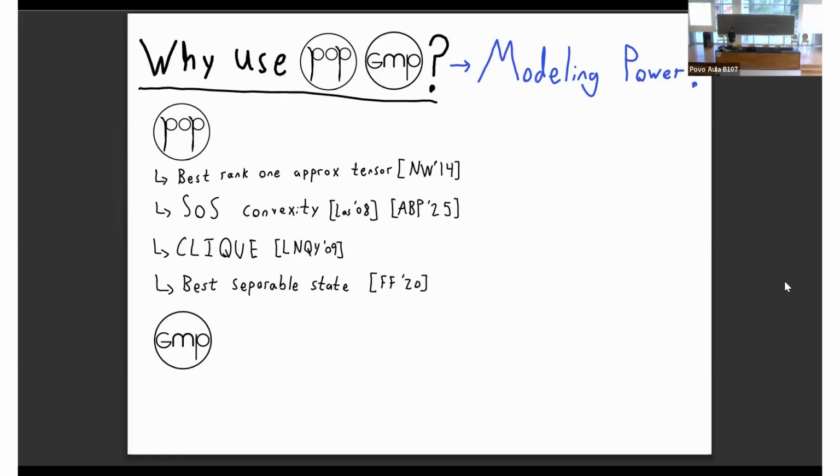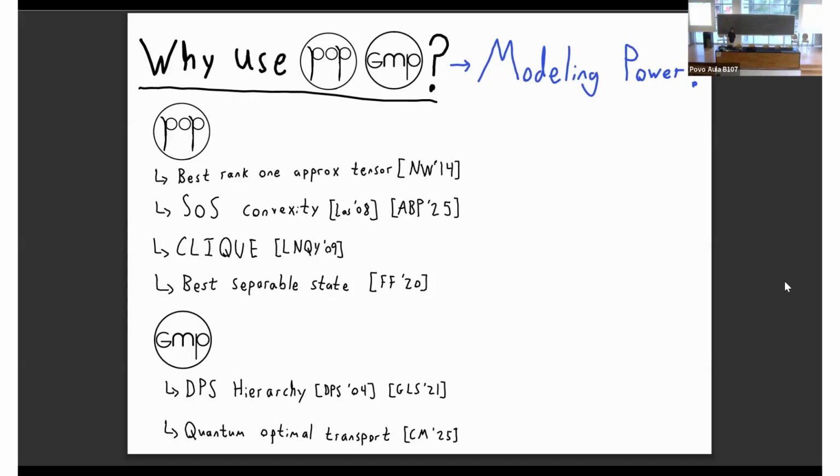And then for this GMP problem, we saw in Monique's talk on Monday the DPS hierarchy, which detects entanglement. So there you can cast it as a generalized moment problem. And also there's some problem from quantum optimal transport, and this can be cast on two spheres as well.